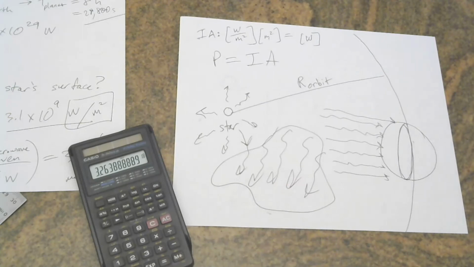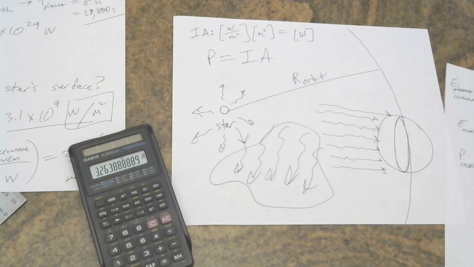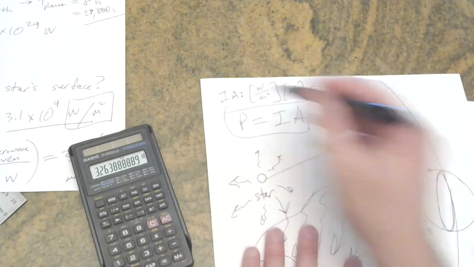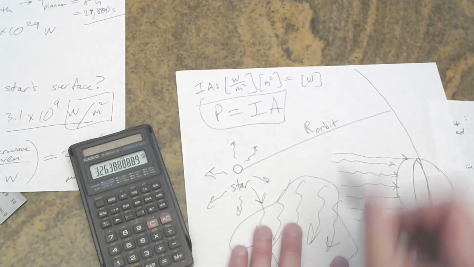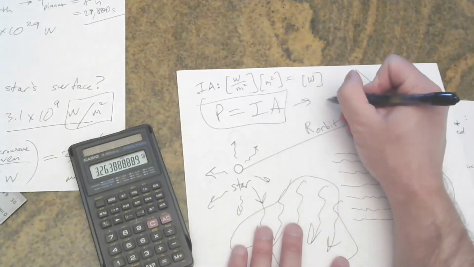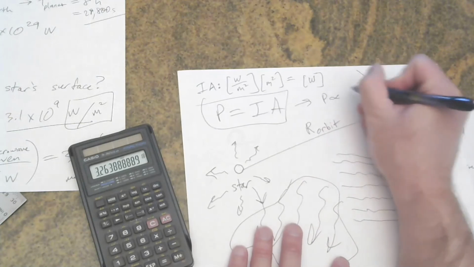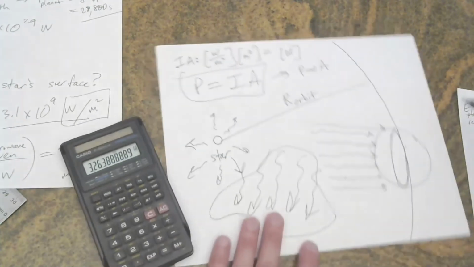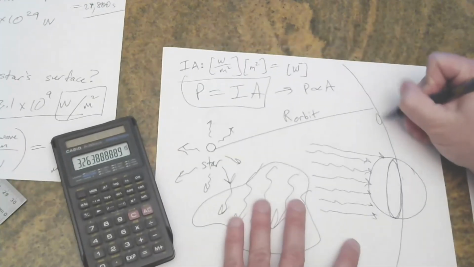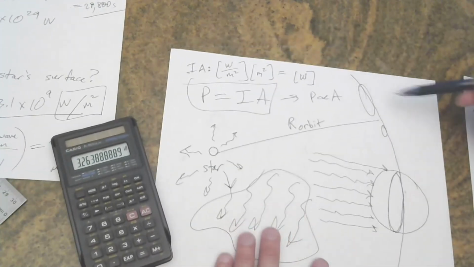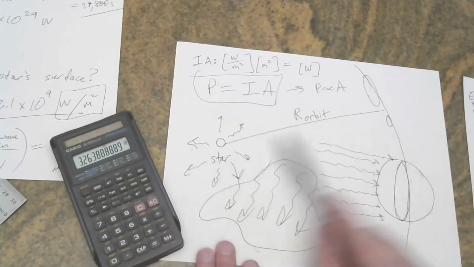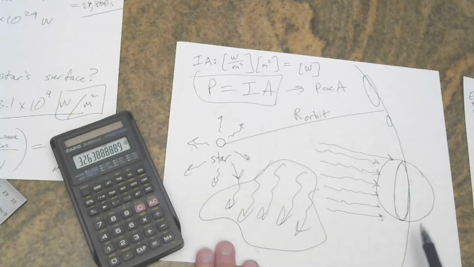Let's see. The way your book does it is related. What they do is just observe that, according to this formula, for a fixed radius, the power is proportional to the area. Yeah, so just imagine setting up any arbitrary area on the surface of this giant imaginary sphere with the radius equal to the radius of this planet's orbit.